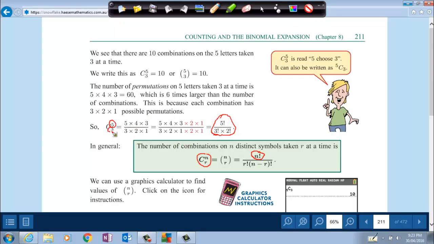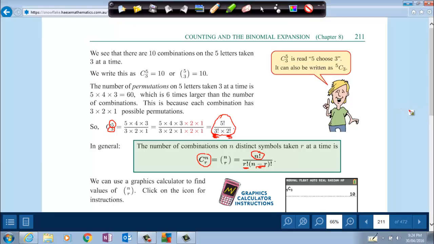The 3 on the bottom is like the r, and you've got to have r factorial, so we have r, 3 factorial, and the remaining one is the top take the bottom, 5 take 3. So we have 5 take 3 is 2 factorial. That's the formula for working out the number of combinations for r symbols taken from n.